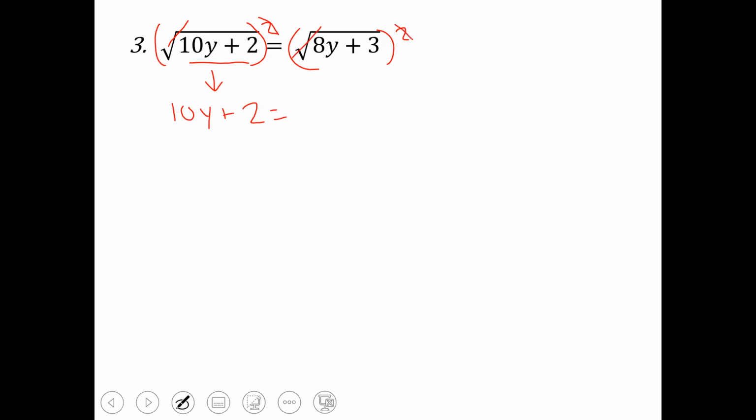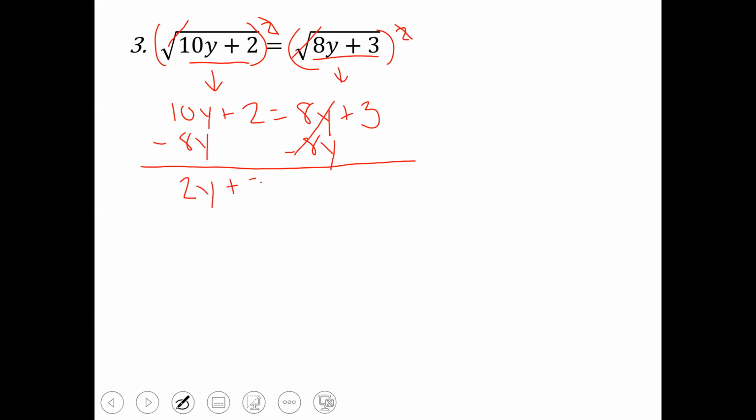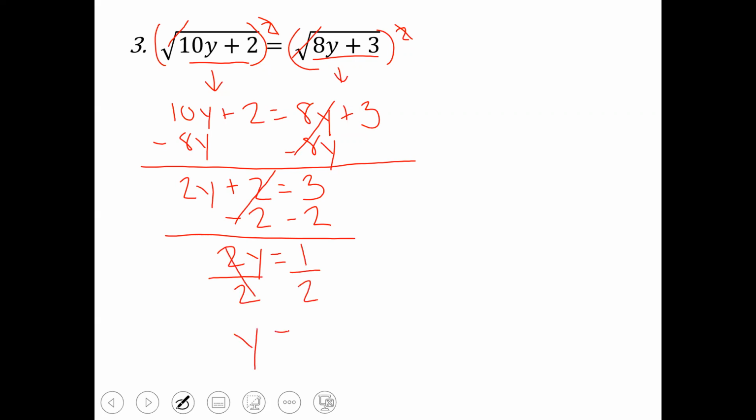And on the right side, they cancel each other out, so bring down your middle. Then solve for y. I'm going to subtract 8y, trying to get y by itself. Then I'm going to subtract my 2. So y equals 1/2.